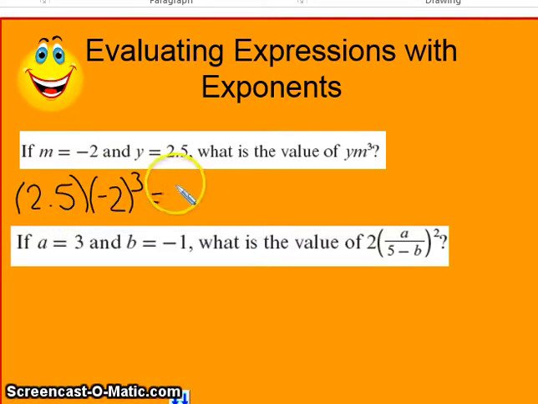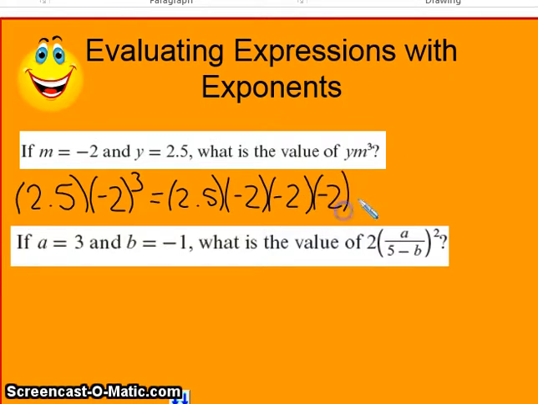So this is the same as writing 2.5 times, and if I'm cubing something, I'm multiplying it 3 times, so times -2 times -2 times -2. Now, when I multiply this across, I have 2.5 times -2, which gives me -5.